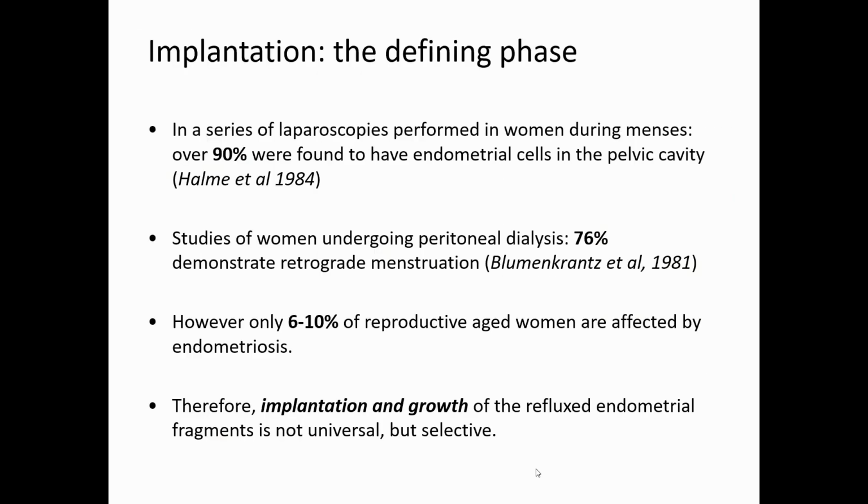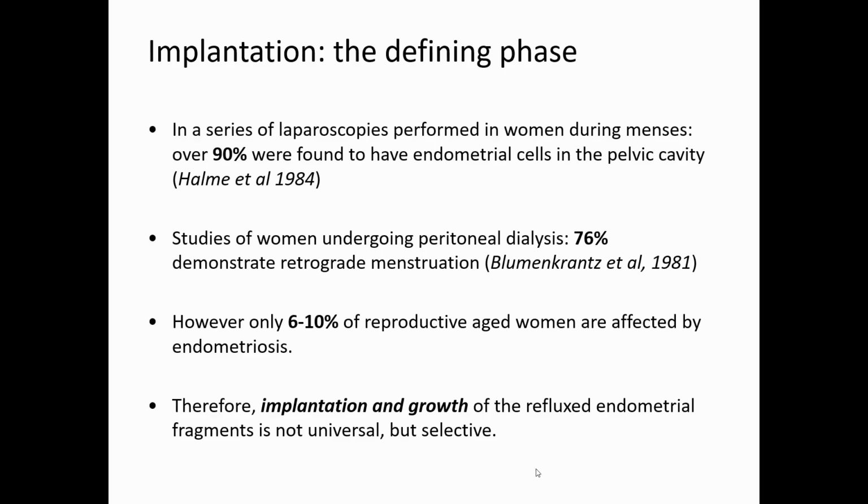In a landmark study in the history of endometriosis literature, Halme et al. in 1984 found that 90% of women had endometrial cells in the pelvic cavity at the time of menses.